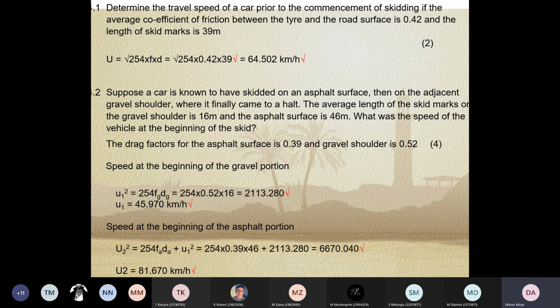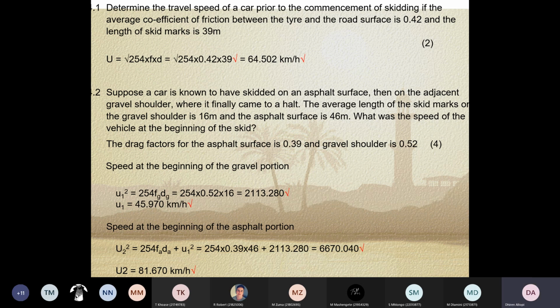And then finally the speed at the beginning of the asphalt portion, application of the formula there, don't forget plus u1 squared in the formula. You need to know your formulae.